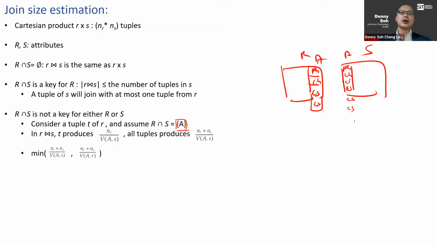So what we do is we estimate by doing this. In R joined with S, each tuple will produce the number of tuples of S divided by the number of unique values of A in S.